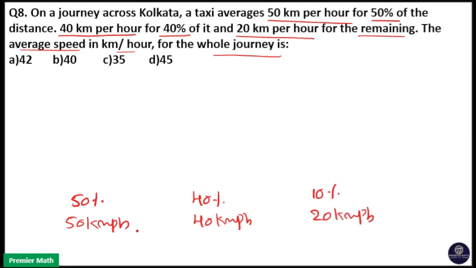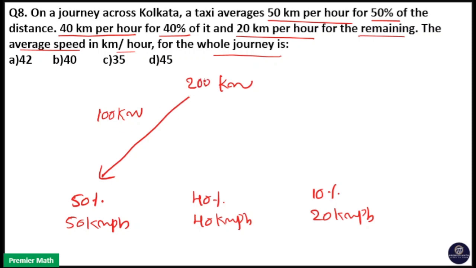Here distance is not given, so I will take the LCM of the speeds, that is the LCM of 50, 40 and 20. Here 20 goes in 40, so 50 into 4, 200 is the LCM of 50, 40 and 20. So I will take 200 km as the distance. Then 50% of 200 means 100 km, because 10% is 20, 1% is 2, and 50 into 2 is equal to 100.